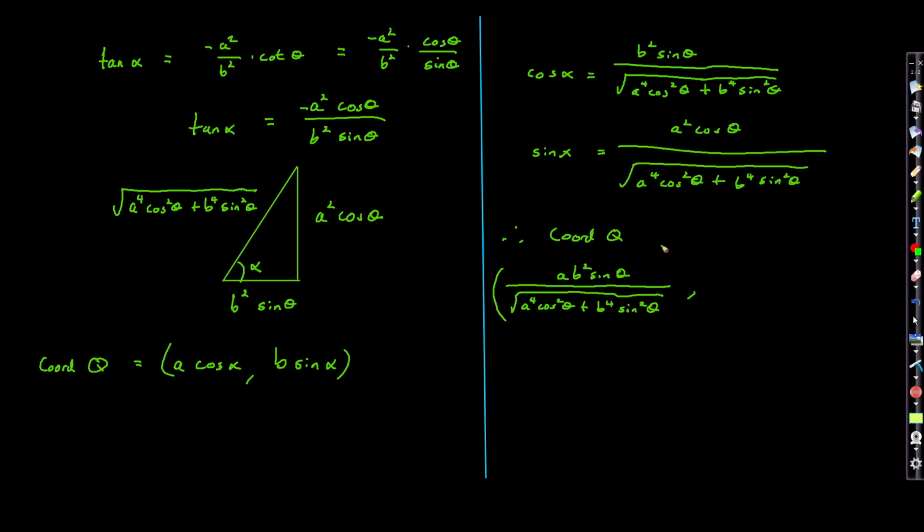Comma, and then that's the x coordinate, and then the y ordinate would be b times sine alpha, sorry. So we're going to get b a squared cosine theta, and then over this big long square root thing again. And there we have the coordinates of Q in terms of theta.